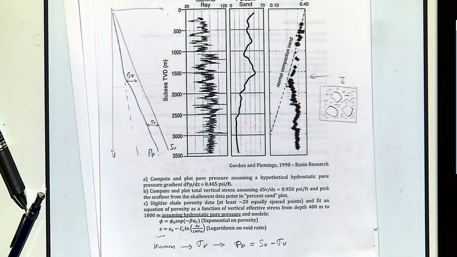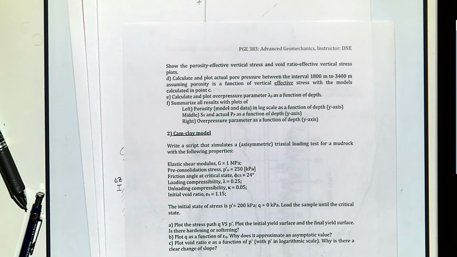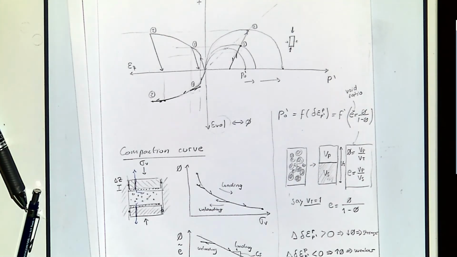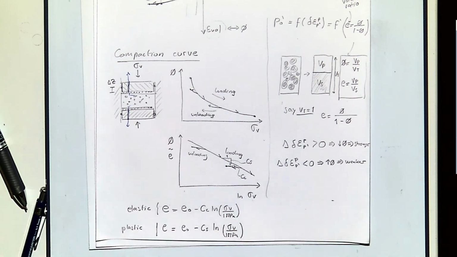So basically, that's everything about the first part. Let me see if I forgot anything. No, calculate pore pressure. No, I think that's it. And for that, you need these curves. Okay.